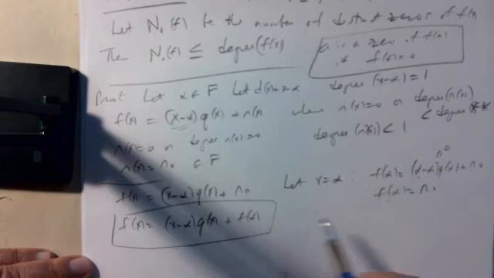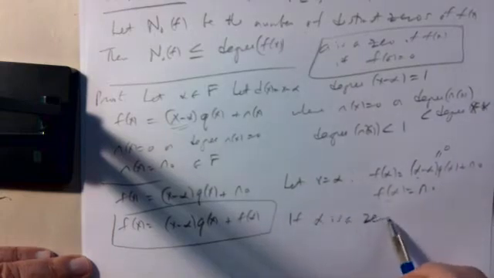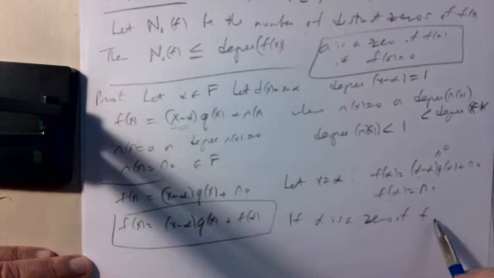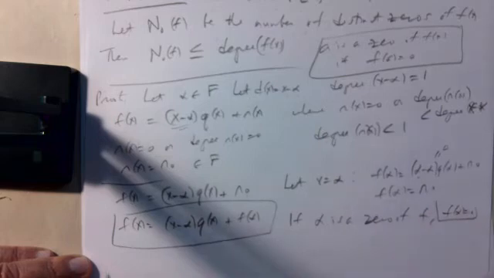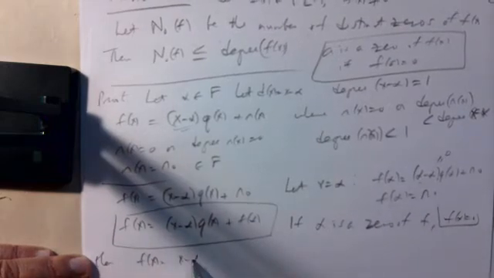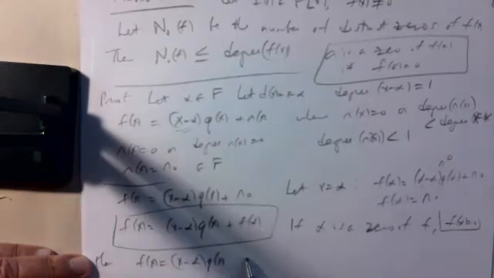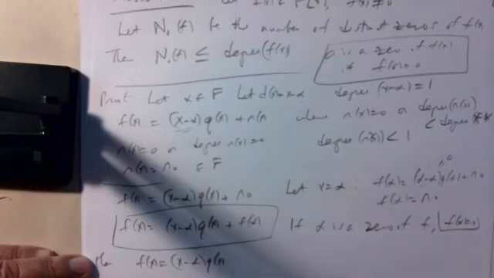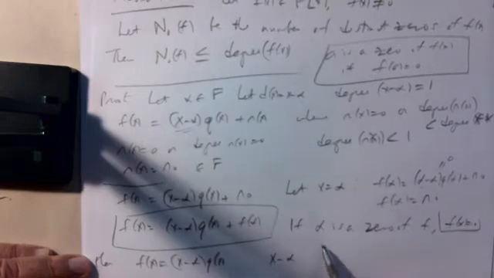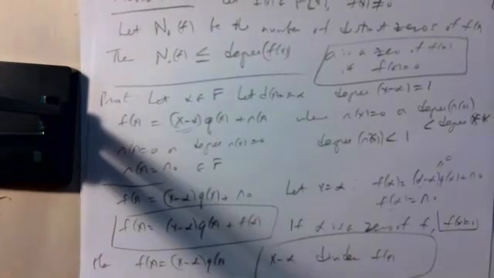And if alpha is a zero of the polynomial f, which means f of alpha equals 0, then f of x is x minus alpha times q of x plus 0. So if alpha is a zero, x minus alpha divides f of x.